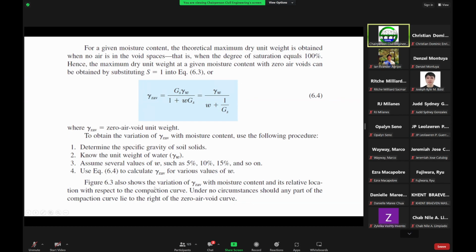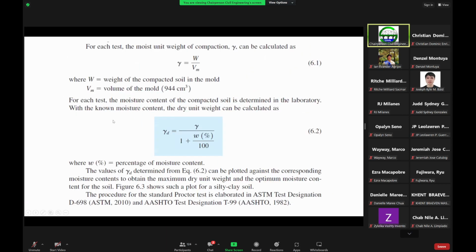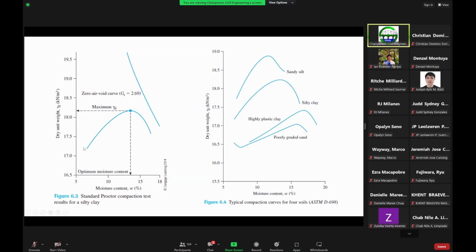So again, under no circumstances should any part of the compaction curve lie to the right of the zero air void curve. This one here is the compaction curve. It should not go beyond, or to the right of, the zero air void curve.